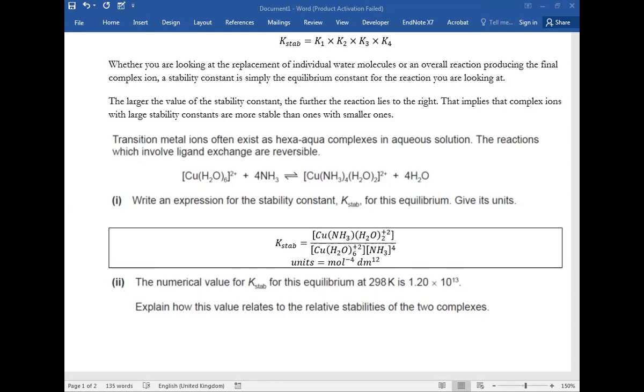The numerical value shows that the complex being formed, write its formula, Co(NH3)4(H2O)2, is much more stable than the hexa-aqua copper complex, and once formed cannot be easily converted back to the hexa-aqua copper complex. Is this clear? Yes, sir.